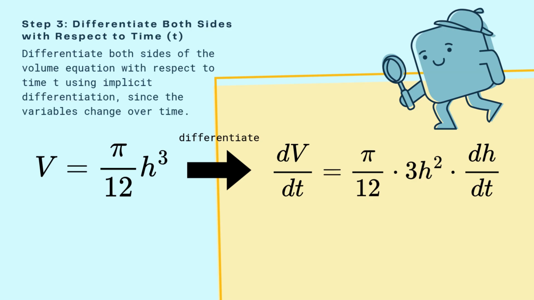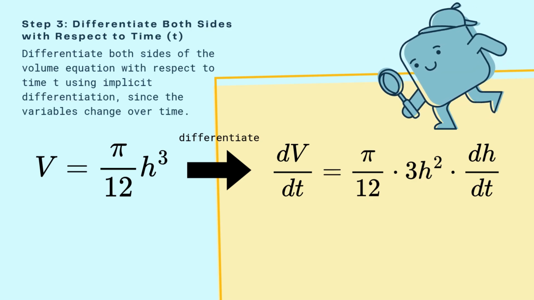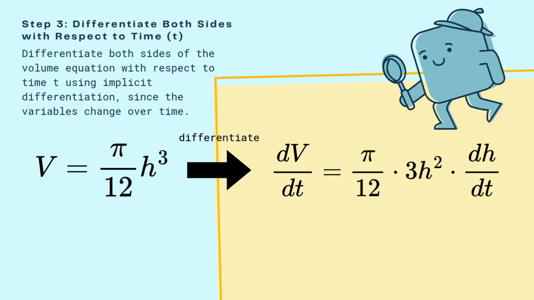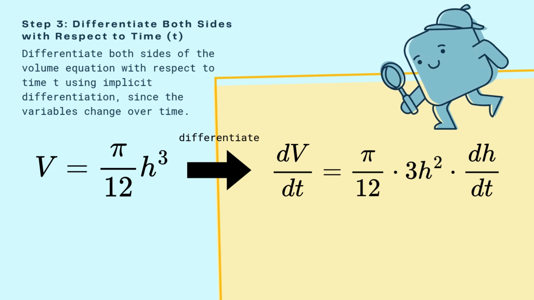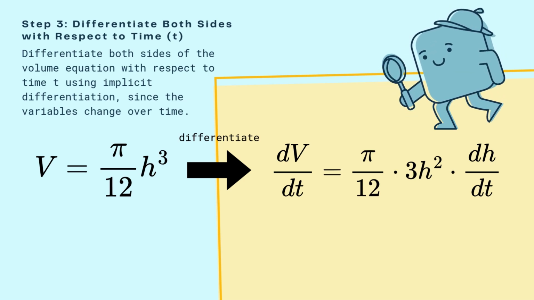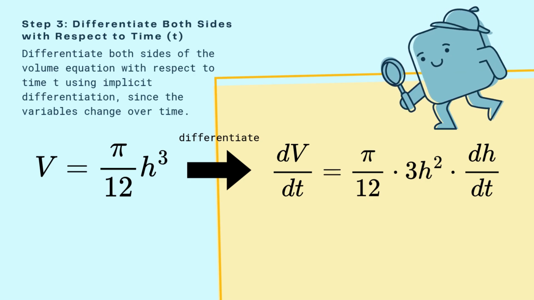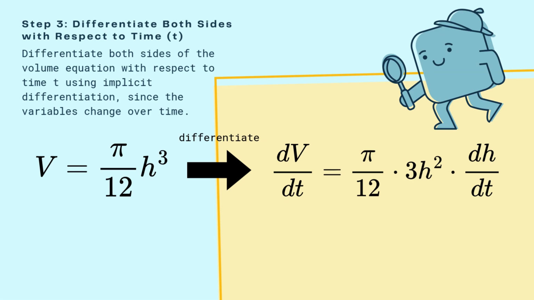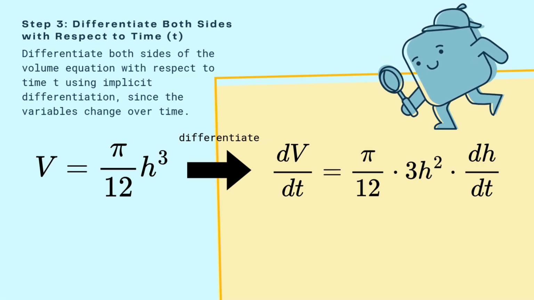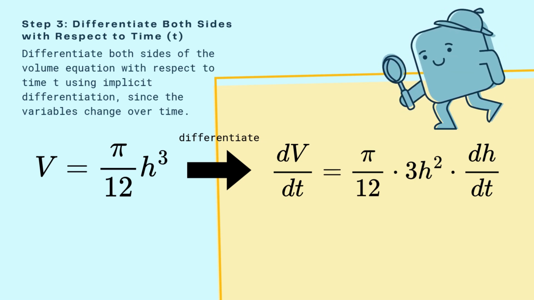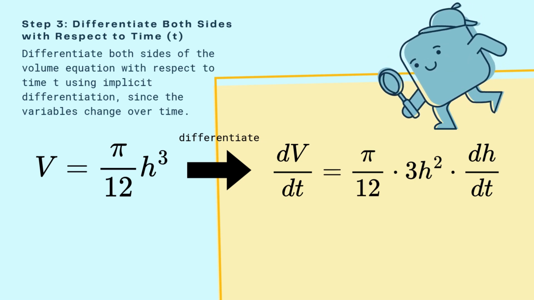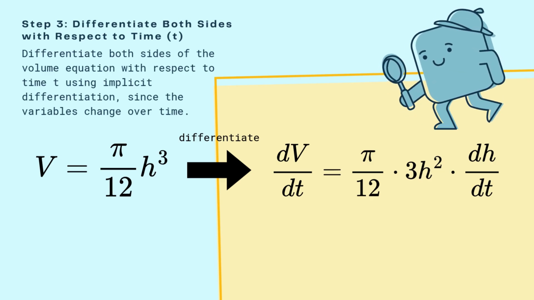So after we differentiate V equals pi H cubed over 12, we got dV over dt equals pi times 3H squared over 12 dH over dt. Then we can simplify it further into pi H squared over 4 dH over dt.